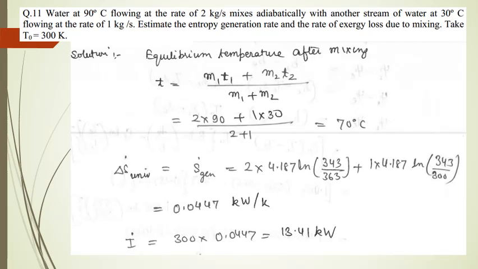Now putting the value of masses and temperatures, we get the value of equilibrium temperature as 70 degrees Celsius.